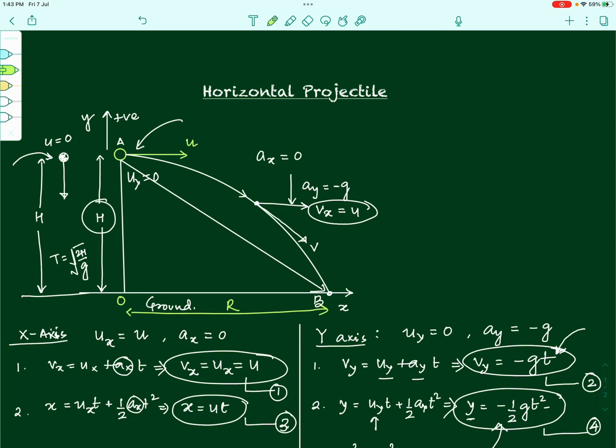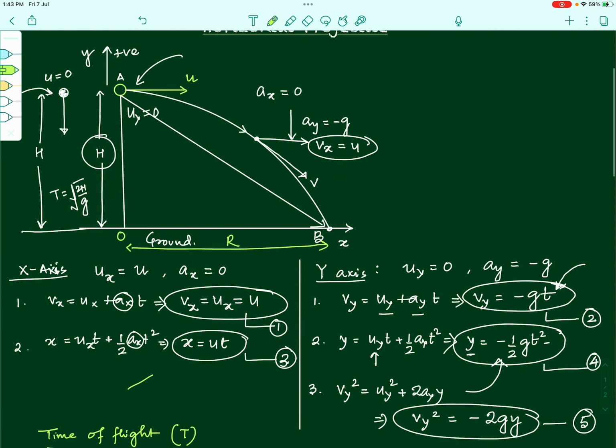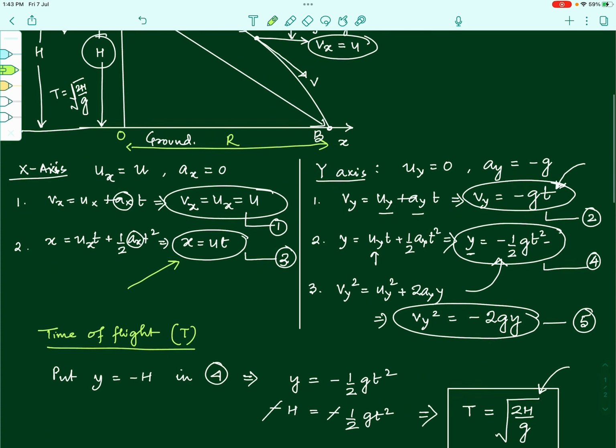Now how do we get it? Do you see that the horizontal range is nothing but the horizontal displacement of the projectile in the time when it completes its motion, the time of flight. So if we just put t, the time, as time of flight in the equation that connects the x directional displacement with the time, we will be able to get the horizontal range, isn't it? Which is here equation number 3. So let's use that.